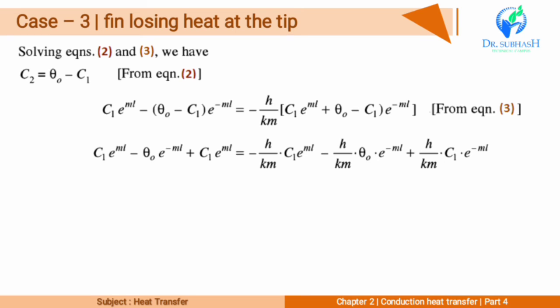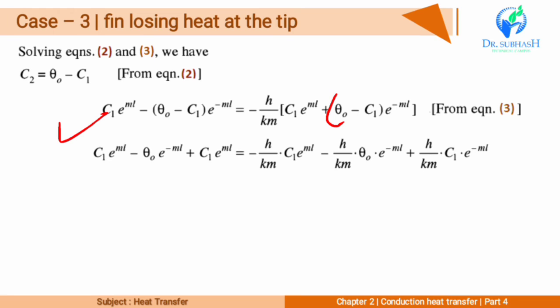Replacing this C2 by theta 0 minus C1, we get C1 e raised to mL minus inside the bracket theta 0 minus C1 e raised to minus mL is equal to minus h by km into C1 e raised to mL plus theta 0 minus C1 into e raised to minus mL from equation number 3.